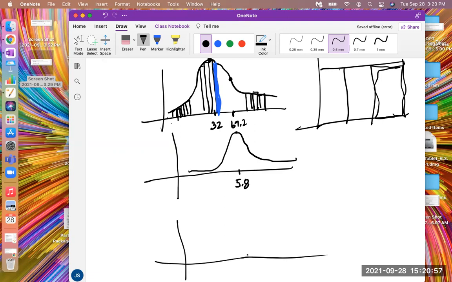And the picture is going to look a lot more like this. The spread, so this is the original frequency distribution.